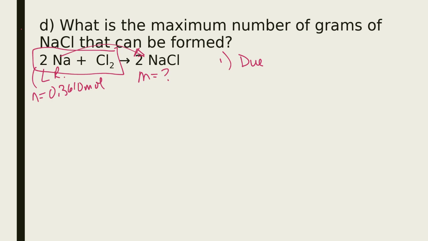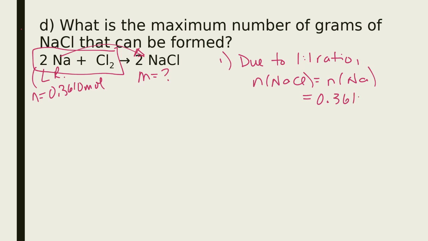So you can set up a ratio if you want, or you can just write, due to a 1-to-1 ratio, the moles of sodium chloride equal the moles of sodium, and then write in the value, 0.3610 mole. So again, you can set up a ratio if you want. If you choose not to, you have to write a statement like this so that I know that you understand what's going on. And then we're going to just convert our moles of sodium chloride into a mass.